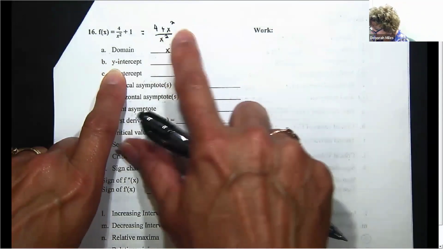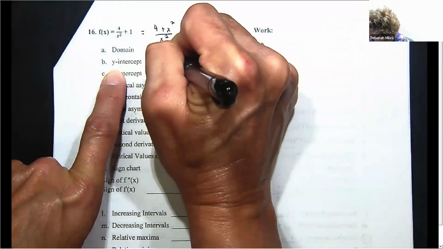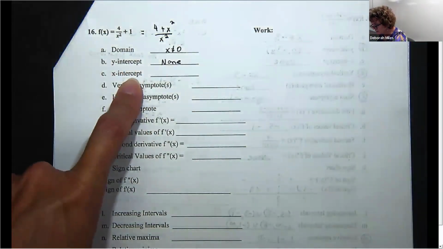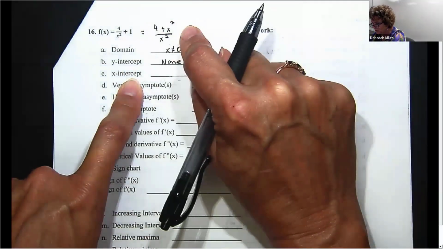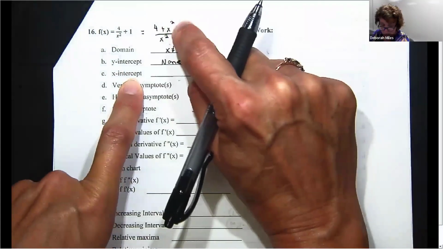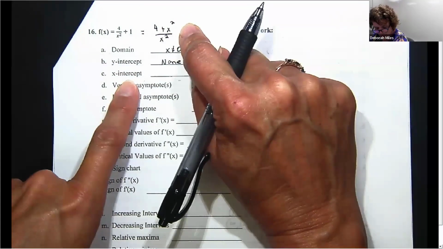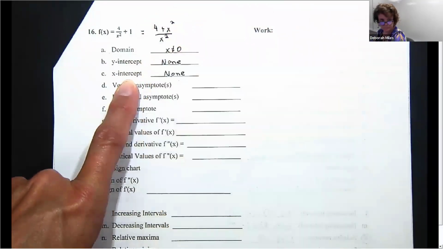If you can't let x be 0, then there's not going to be any y-intercept. The x-intercept would be what makes the whole fraction equal 0, or what just makes the numerator 0. And there's no real number that makes the numerator 0, so there's no x-intercept either.